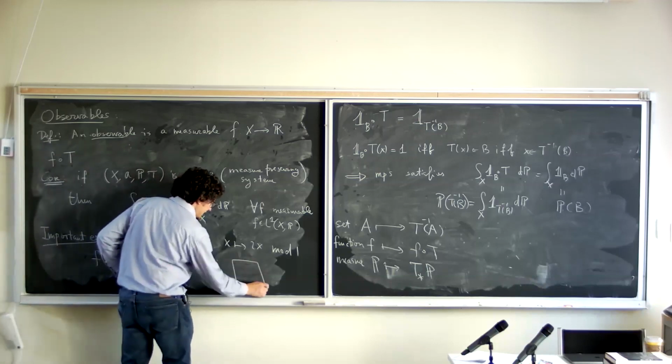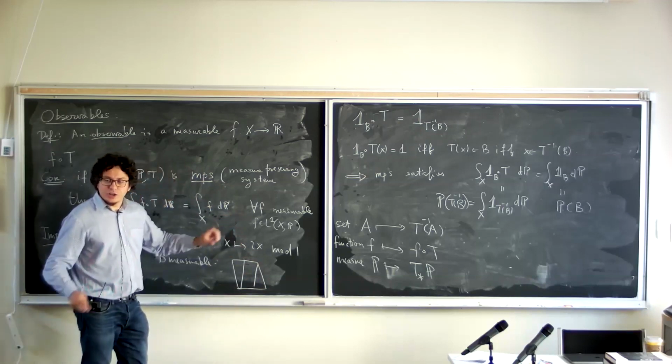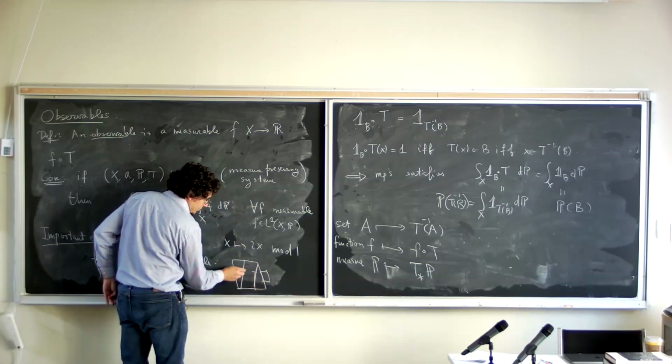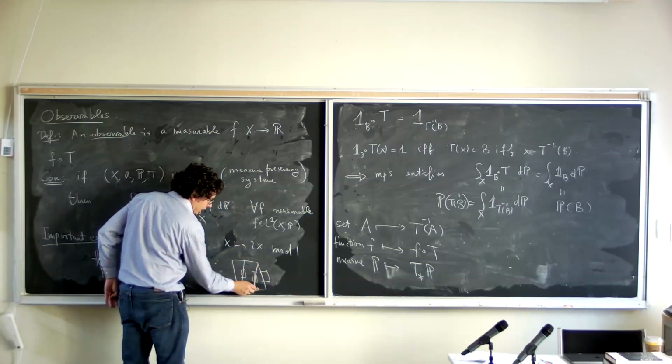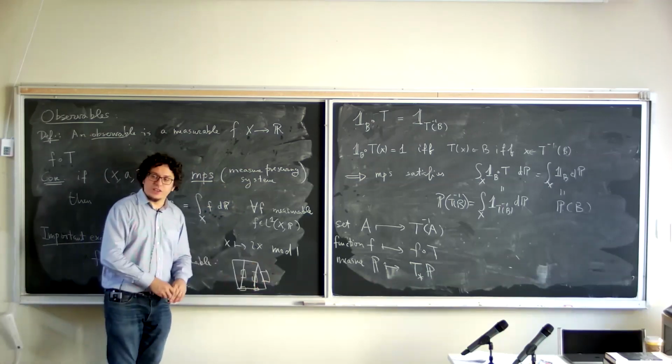So this map expands the measure by 2, but if you take a set, there are two preimages, and both preimages have size a half of the original one, and you sum them all together.